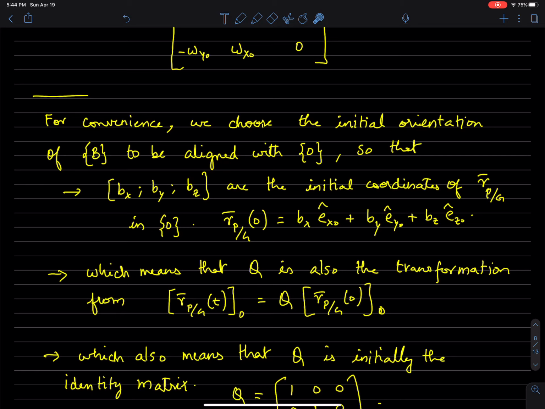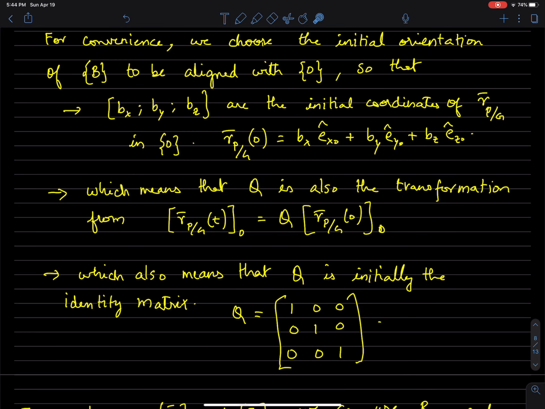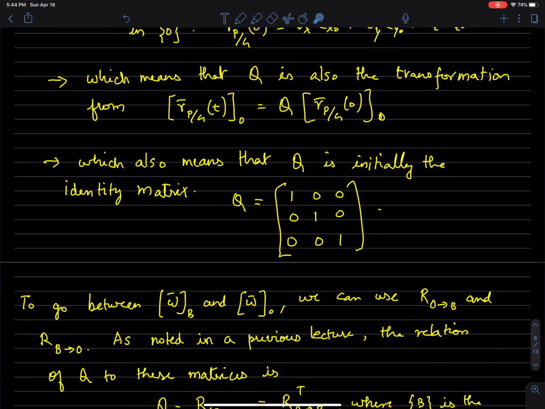So that the bx, by, bz, namely the position of any point in the body fixed frame, is actually the initial condition of R P with respect to G of any point, right? So what this means is this Q represents the transformation from the initial position to position at any point in time, okay?